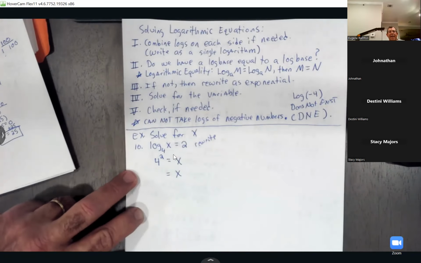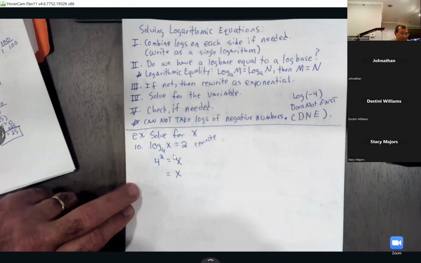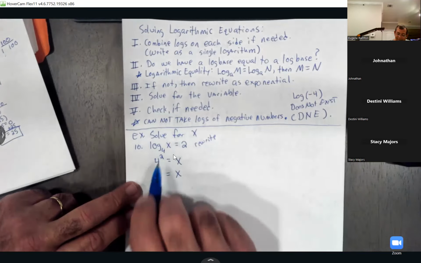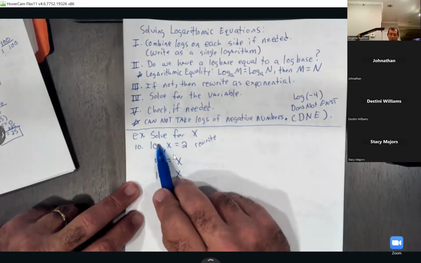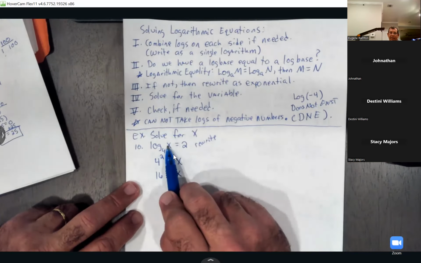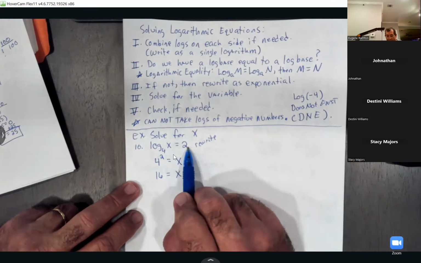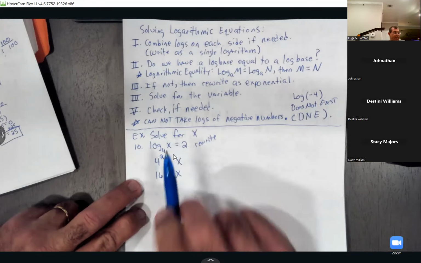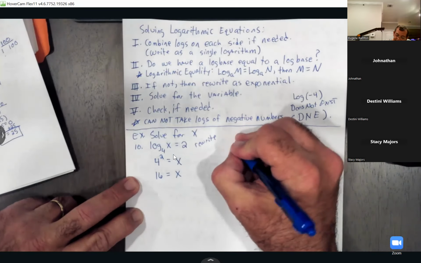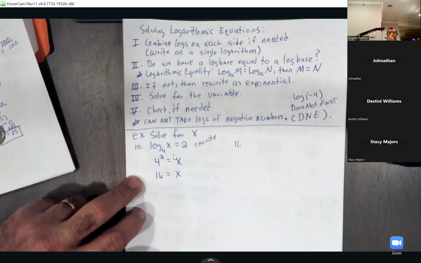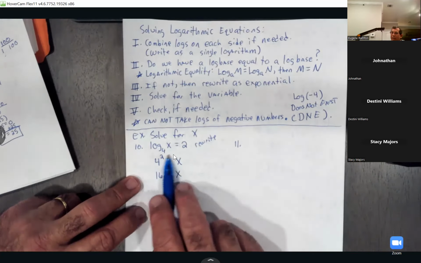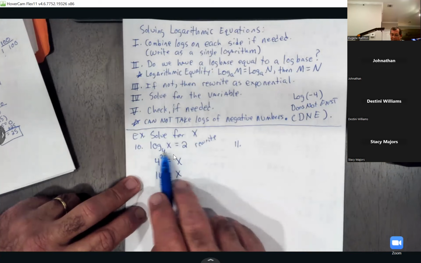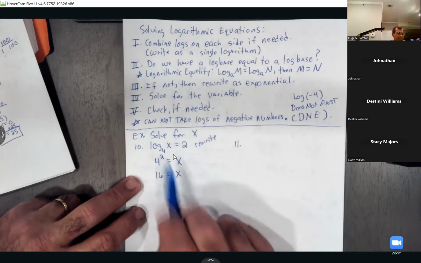So I'm bringing down that X. Tell me that answer and we're done. 16. So log base 4 of 16. So 4 to the second power would definitely give me my 16. Okay, so that's what we mean when we talk about rewriting them as exponential here. Base, exponent, result.